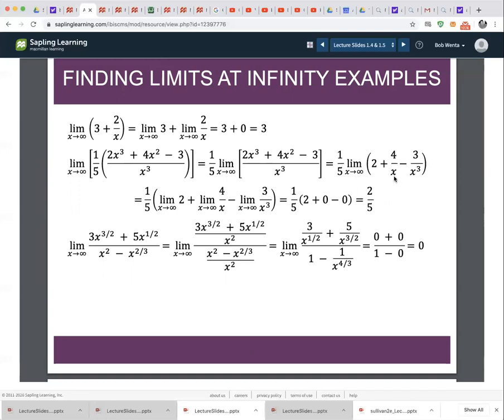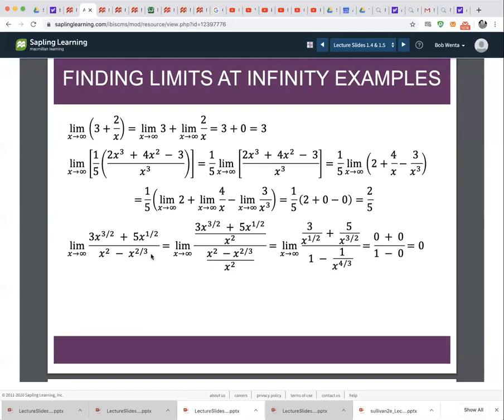X in the denominator, this is going to infinity. This is going to 2. This is going to 0. And this is even cubed. It's going to 0 faster, but it's going to 0 also. So again, the limit of a sum is equal to the sum of these limits. You add those together, and you end up with the 1/5 out front times 2 plus 0 plus 0, and you end up with 2/5.